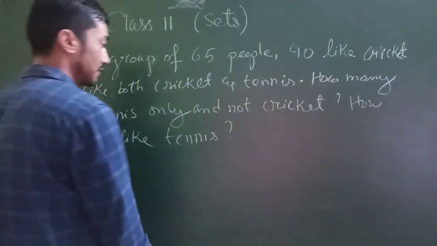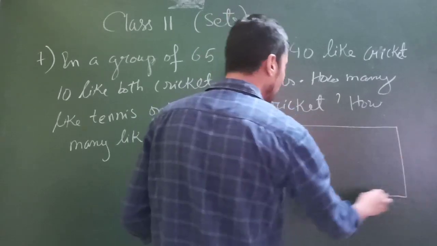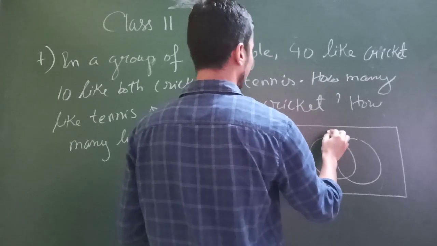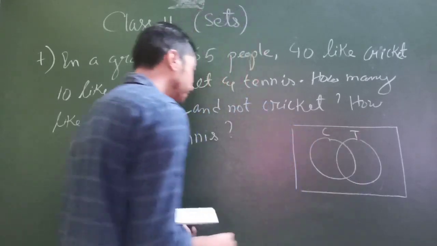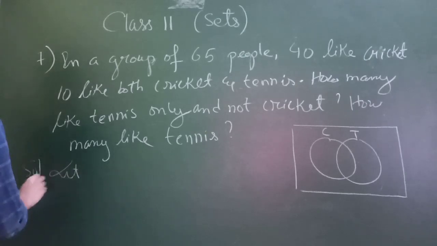Okay, so I'll just draw a set here, because here that's going to be important. Useful, I mean. What do we have? Cricket, tennis. So as usual, solution. Let's write down.